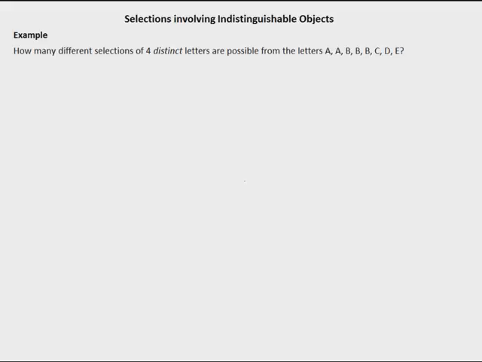How many different selections of 4 distinct letters are possible from the letters AA, BBB, CDE? To bring out the contrast, let's assume that all these letters were different. Then I would have 1, 2, 3, 4, 5, 6, 7, 8 different letters. 8 distinct letters.